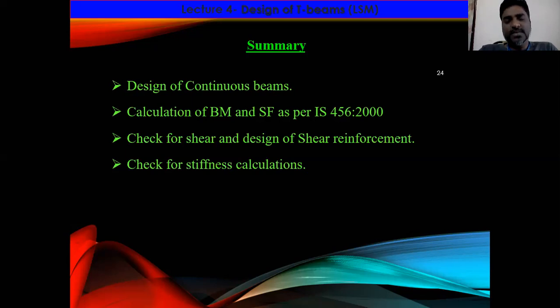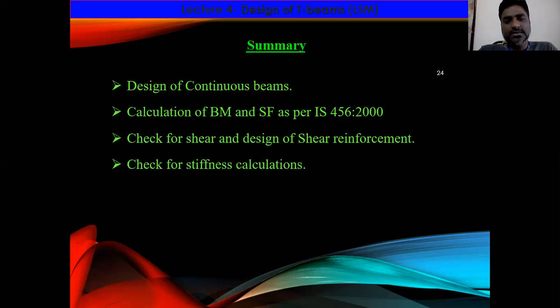Based on the dimensions, we calculated the effective span based upon the width of the support and L by 12 for end span. And then we calculated the working loads based upon the loads given, and we calculated the factored loads by application of partial safety factor as per IS 456-2000.